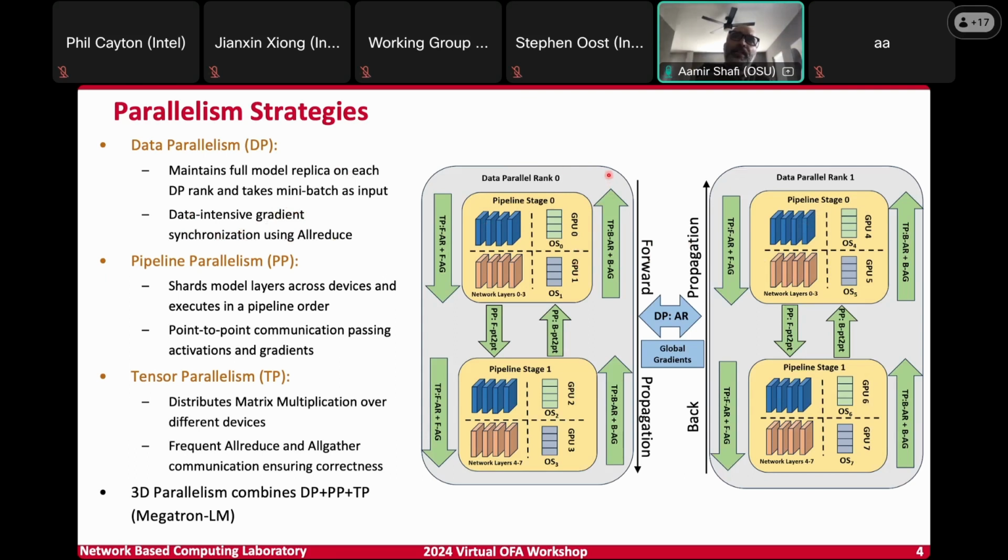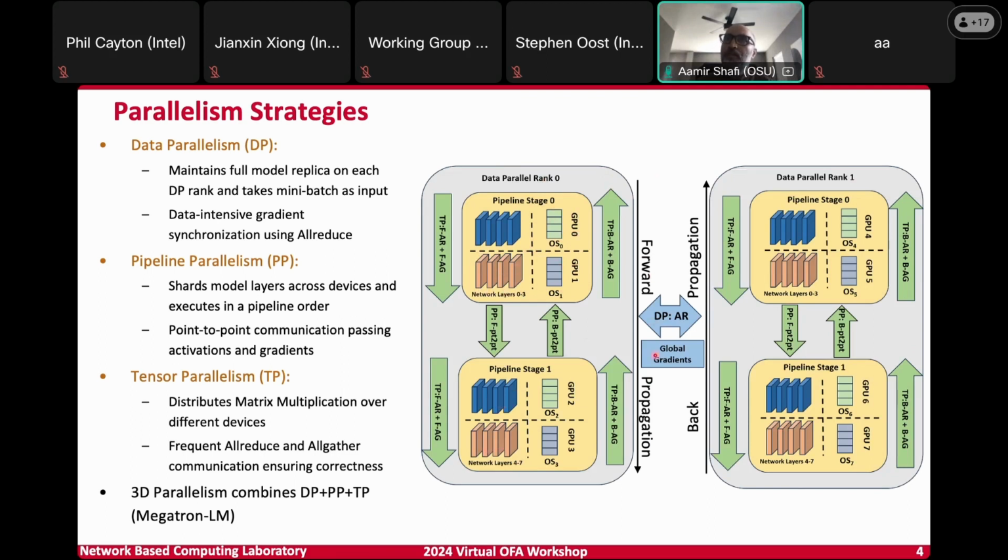Starting with data parallelism, these bigger gray boxes are depicting data parallelism, right? The whole model, which is these yellow boxes, is replicated on process 0 as well as process 1. And this particular network has a total of eight layers. These are the first 4 layers, and these are the second 4 layers.